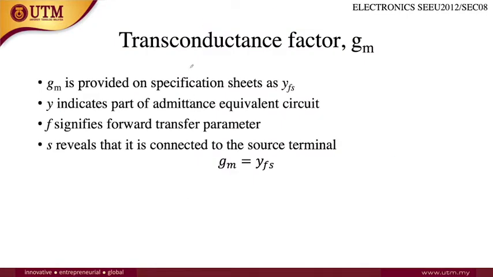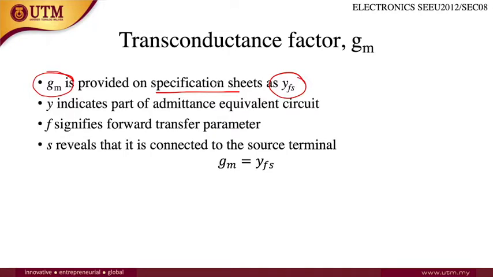All right, next. For GM, usually transconductance is provided on the specification sheet, but there it is not written as GM. It is written as YFS. What is a specification sheet?